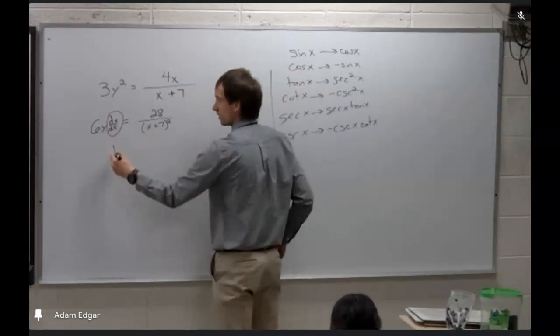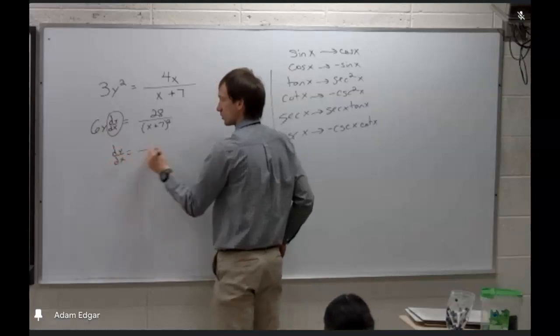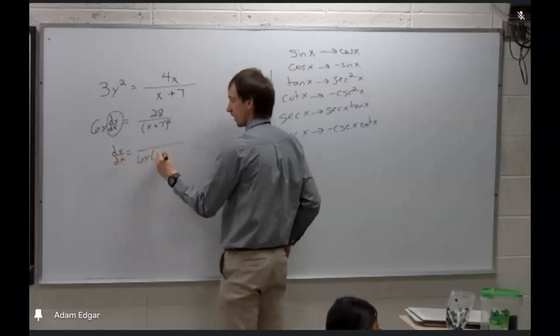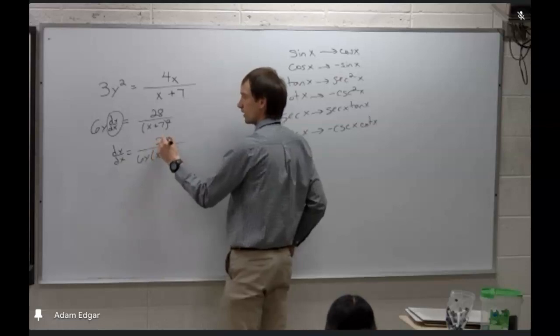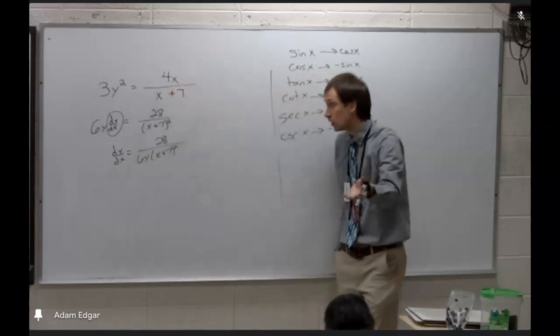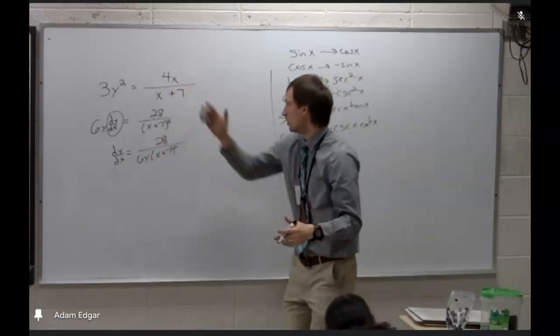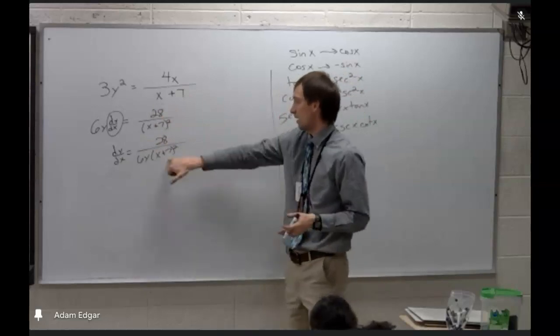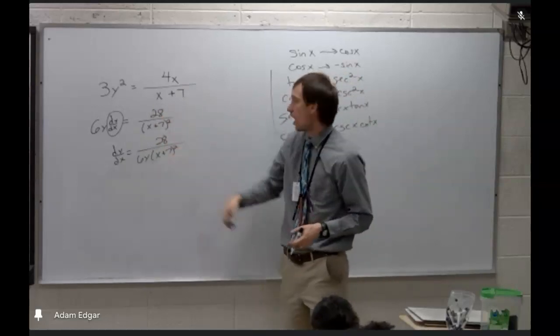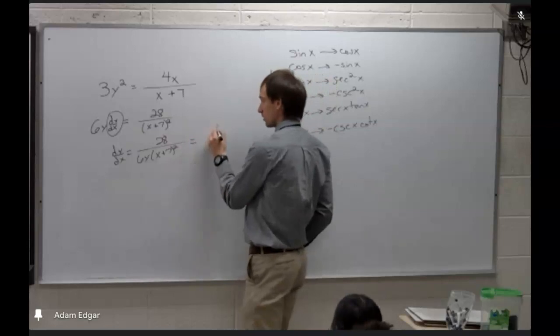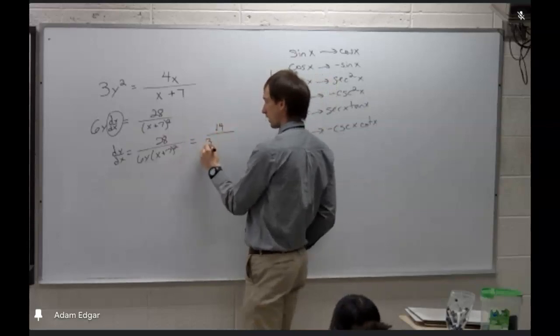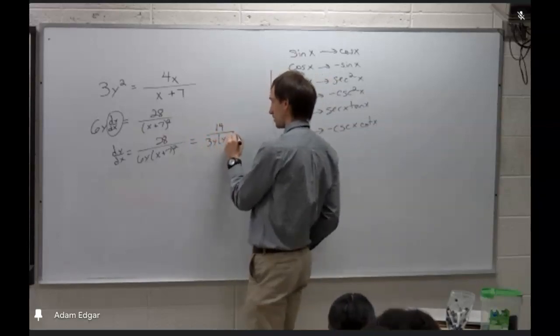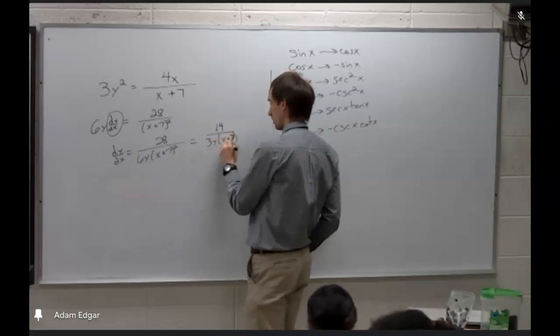So when you divide that over, the 6y just sneaks into the denominator in front of the x plus 7 squared. A couple people in your quotient rule forgot about low. So you did everything great in quotient rule, you divided the 6y over, you just forgot about x plus 7 squared. This can be reduced. 28 over 6 is 14 over 3, so you could go another half step and reduce the fraction. But that's great.